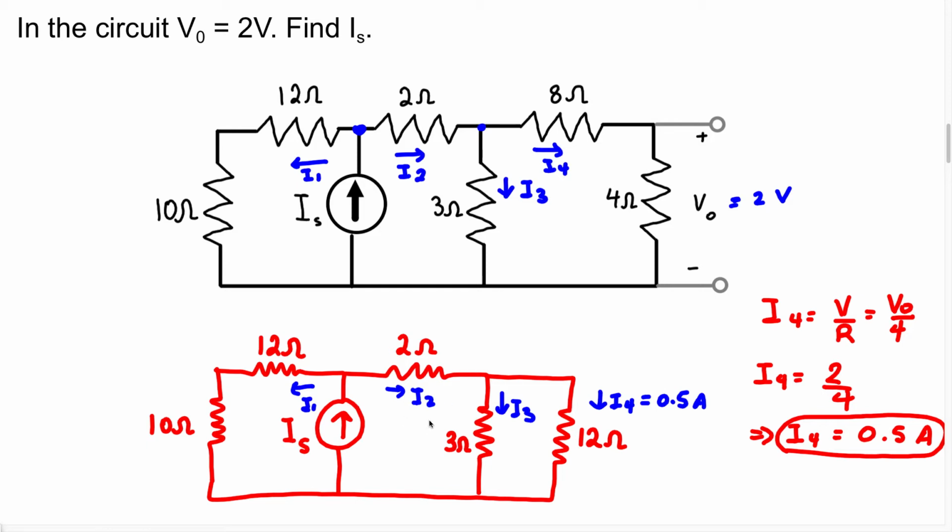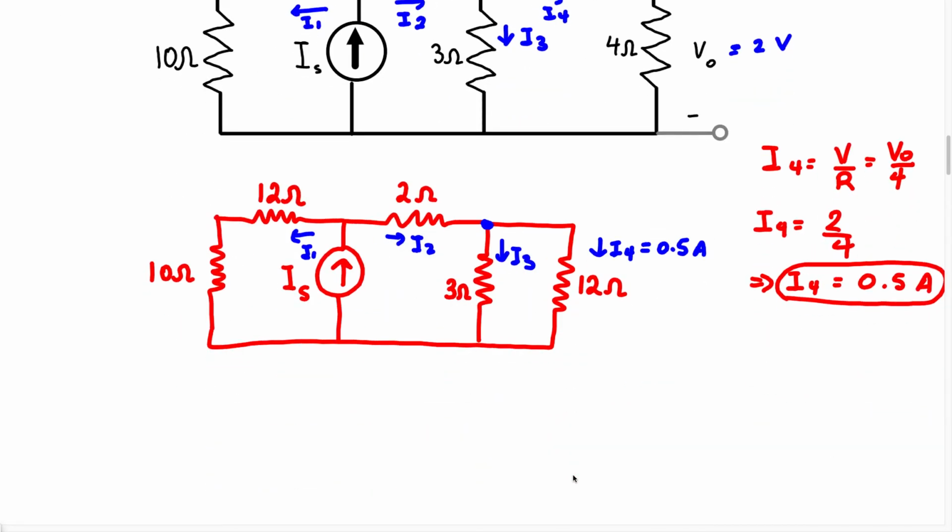Why? Well, we know I2 is going to be the source current because this current right here is going to enter this node and split these two ways, which means I2 is going to be the source current for the current I3 and I4. So let's use current division, right?